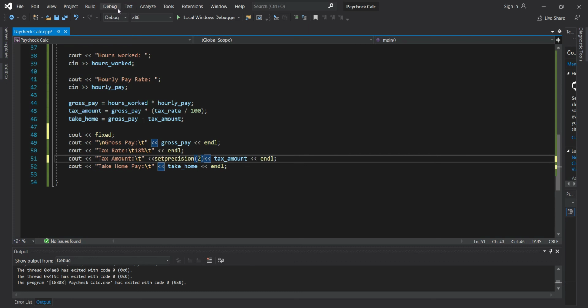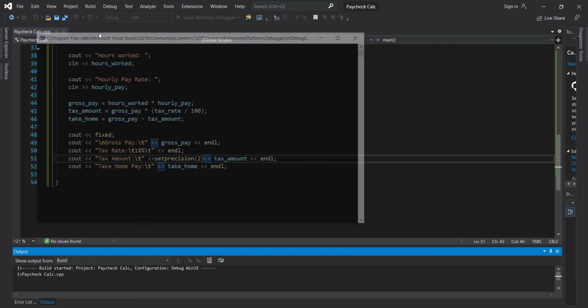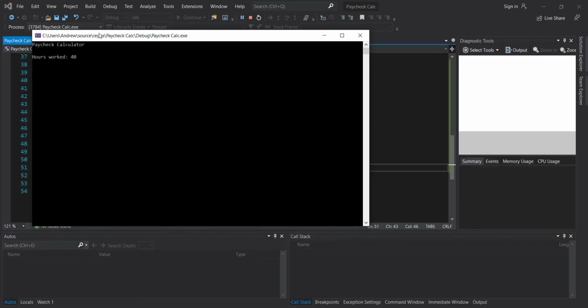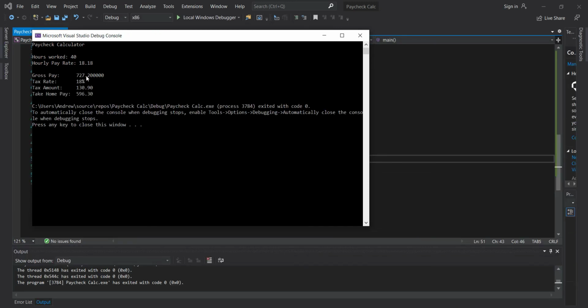And let's try that out. Debug this. So we are doing 40. And we're doing 18.18. So as you can see now, our tax amount is 130.90. And our take-home pay is 596.30.